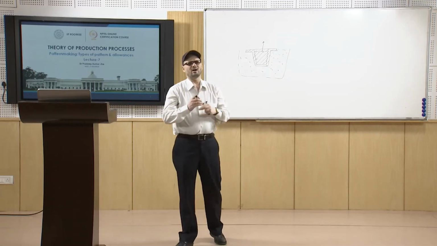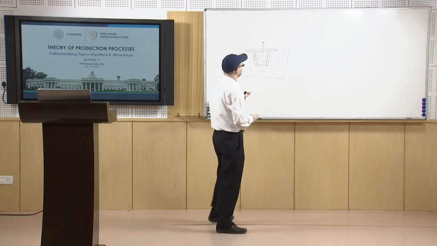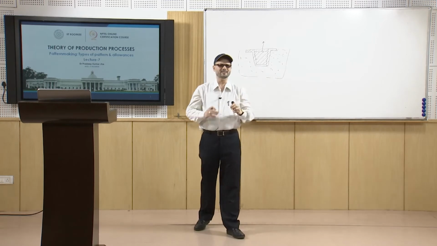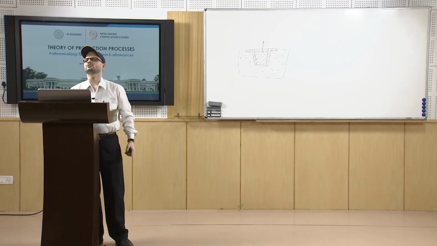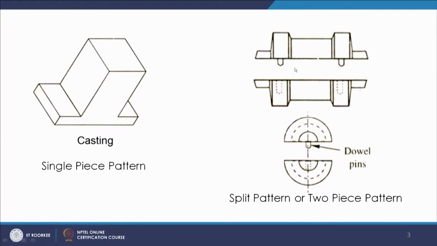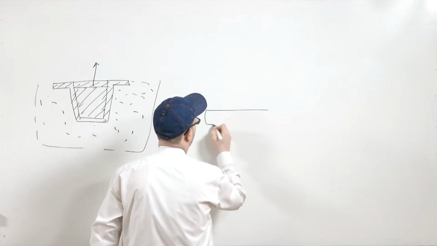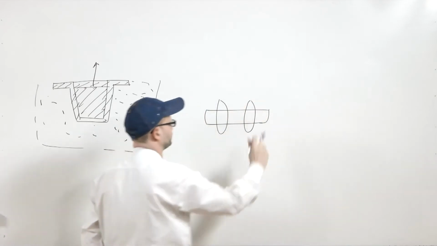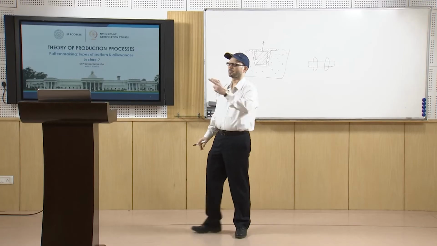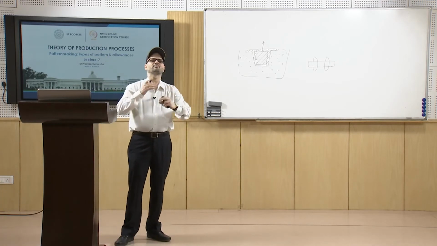Coming to a little more complex type of pattern, where you get difficulty in drawing it. Suppose you have this kind of casting where you have a shaft, and on this shaft you have mounted two wheels. Suppose you have this kind of cast component for which you are making the pattern.